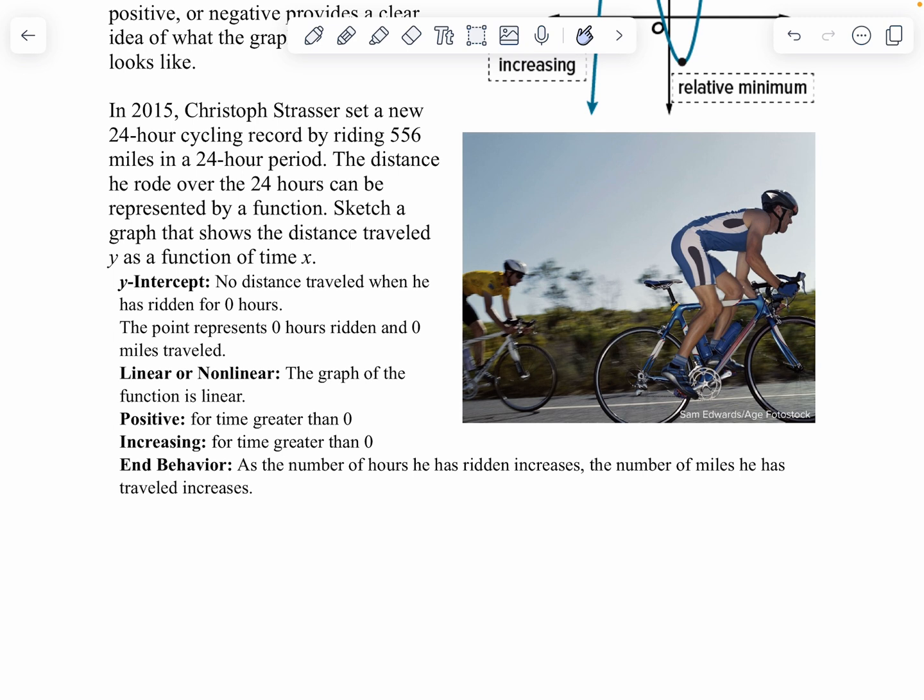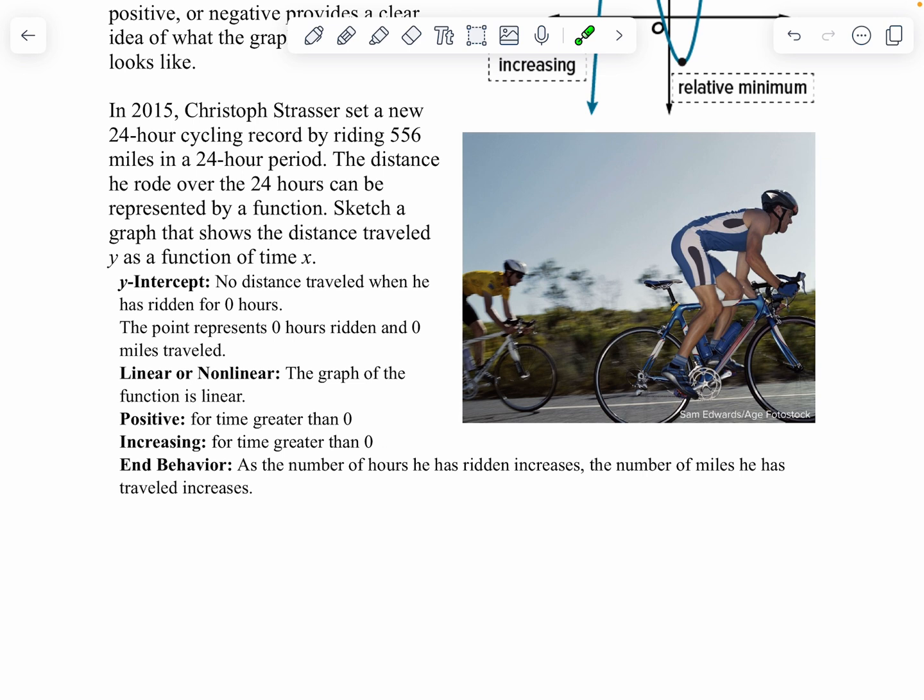Now, here are some of the key features we're going to be looking at. We know that the y-intercept is 0 because when he starts off, he hasn't ridden any distance. We know it's going to be linear. It's going to be positive for anything bigger than 0. It's increasing the entire time.